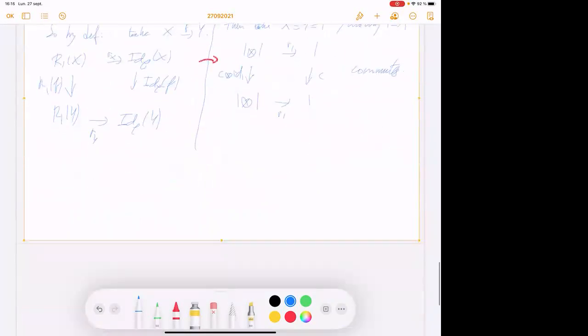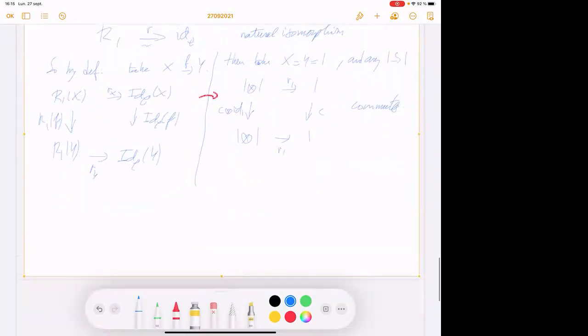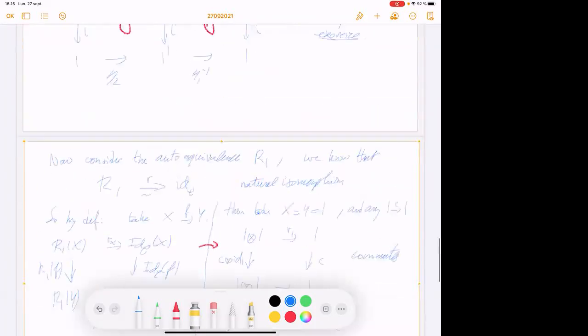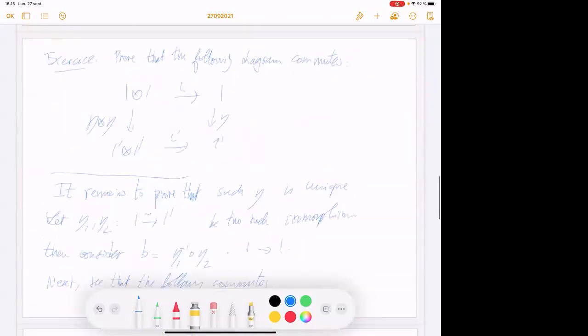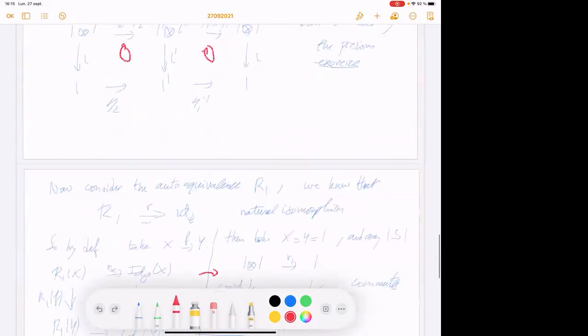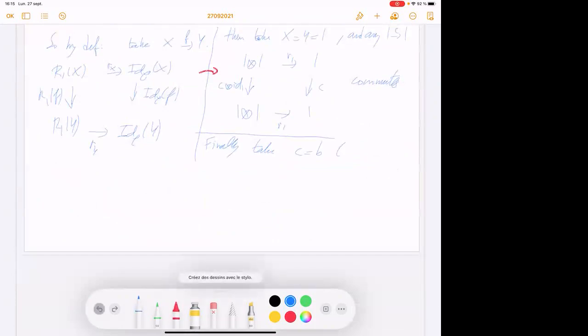So then take finally C equal B above. So where is B? B is here. So you take C equal B, and we know, so wait, no, I should write like that.